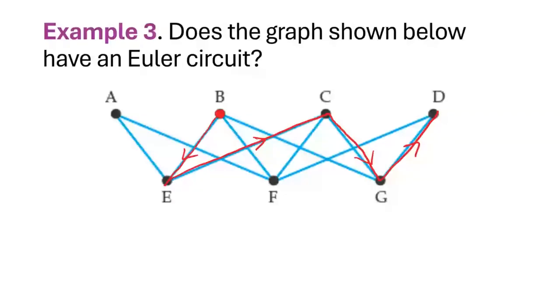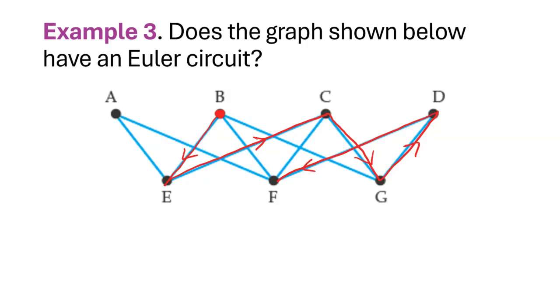From there, I need to use now back to F. And notice that when I get to F, I get into a problem. If I go to C, then I cannot get out of it because there's only one path left.